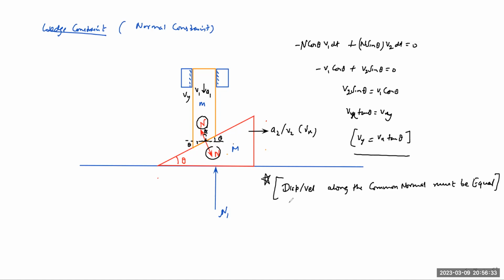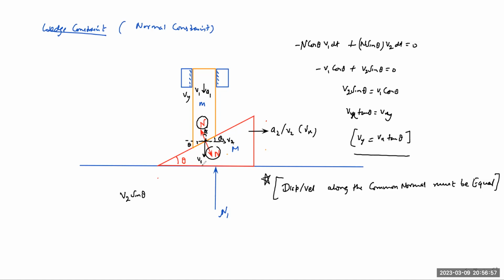So you can write very easily. What is the component of V2 along this normal direction? So V2 is like this. And what is its component along the common normal? V2 sin theta. Correct? And V1 is downward, right?